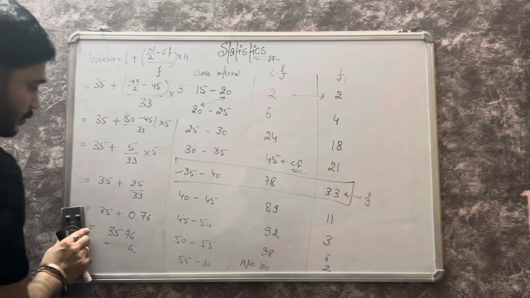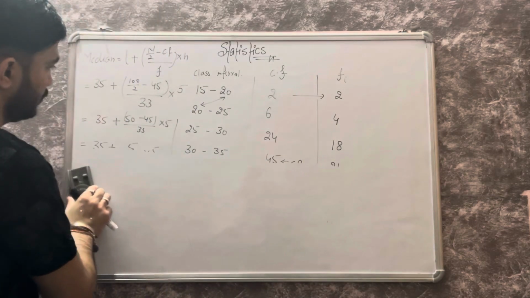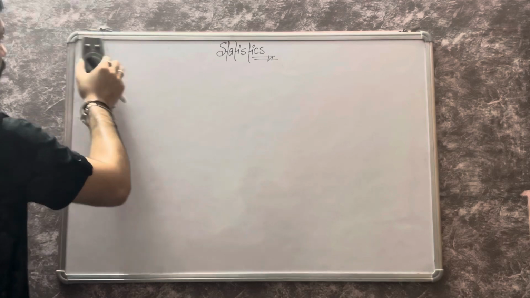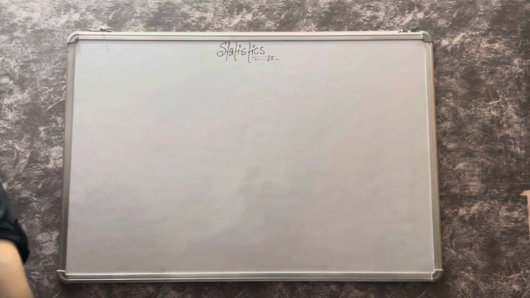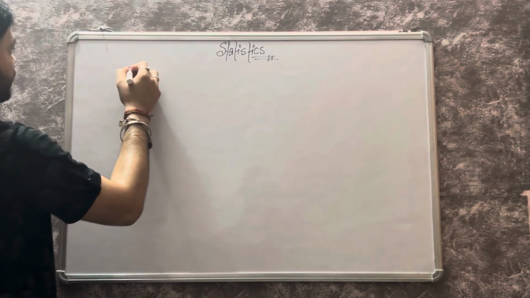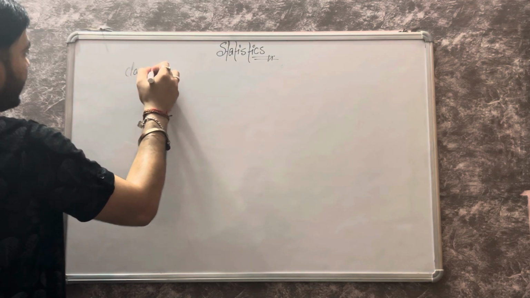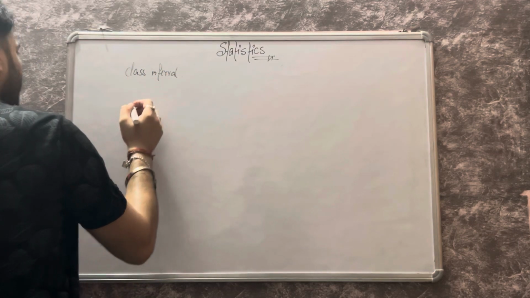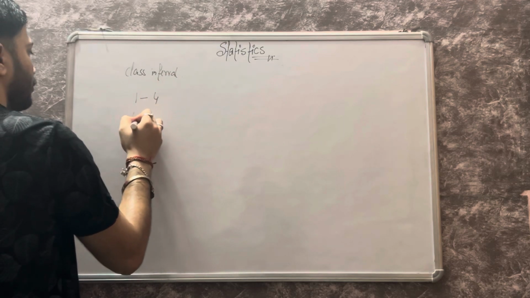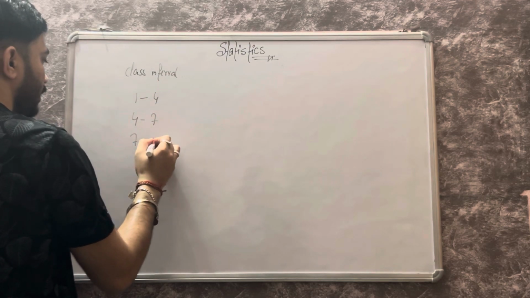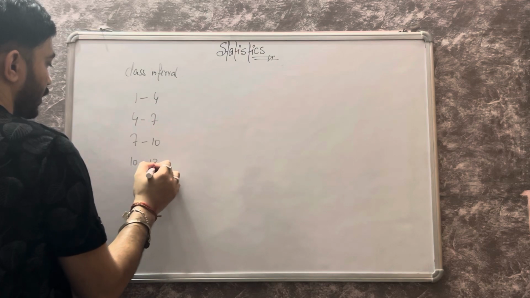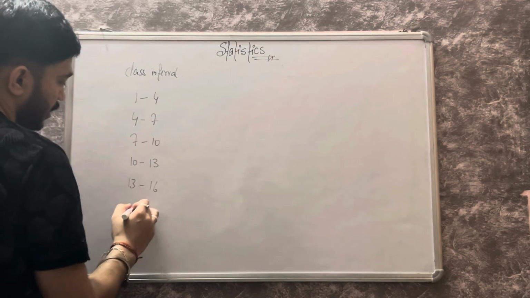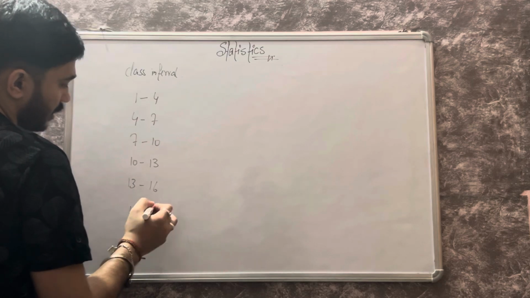Now let us solve one more example based on this. That is, if the class interval given to us is 1 to 4, 4 to 7, 7 to 10, 10 to 13, 13 to 16, and 16 to 19.